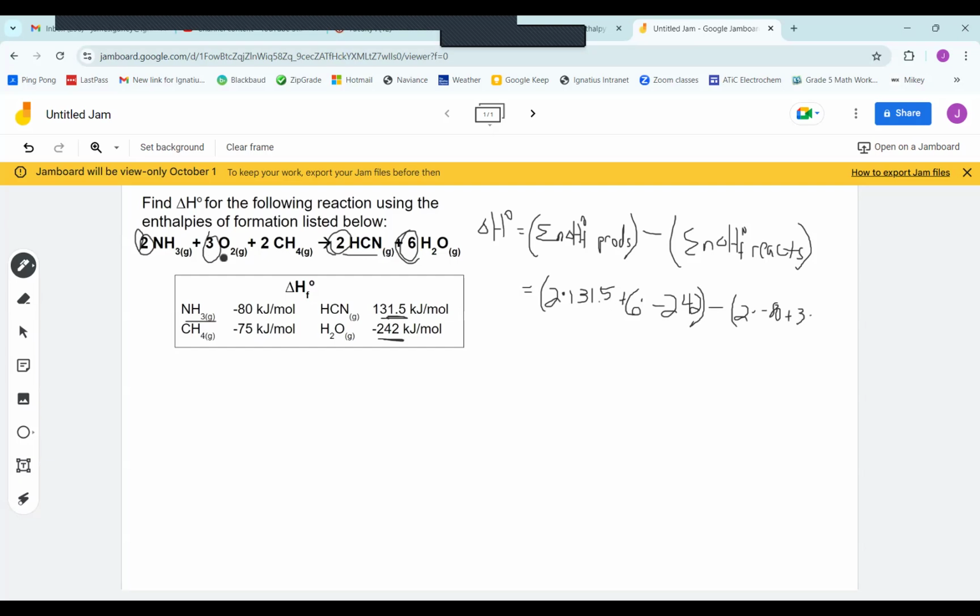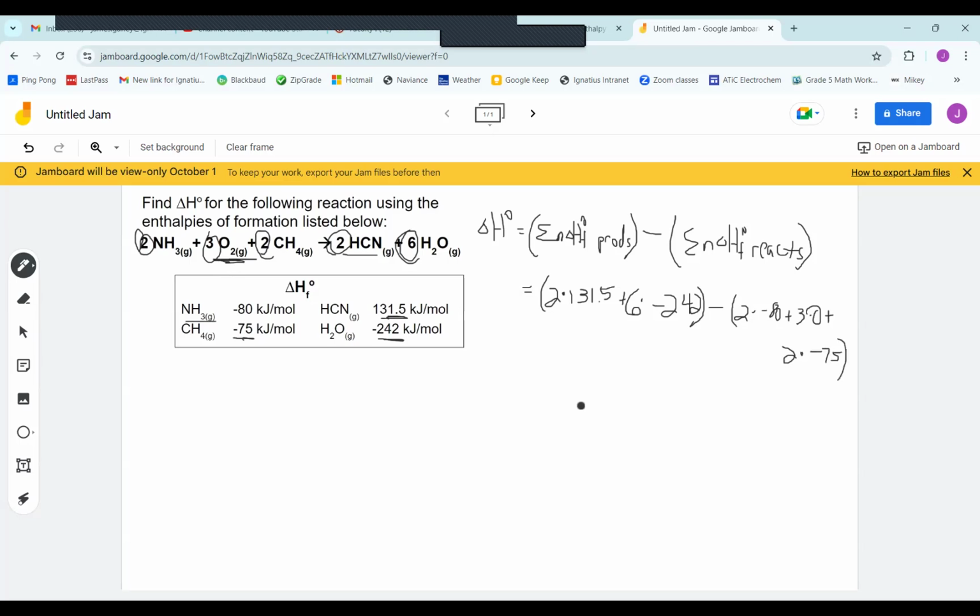And then I'm scanning the listed enthalpies of formation in the box, and I don't see oxygen. Uh-oh, did they not give us enough information? No, they gave us plenty of information. Students, if it's a diatomic molecule, you put a 0. And then the third reactant, CH4, there's a coefficient 2, and then we'll plug in that -75.